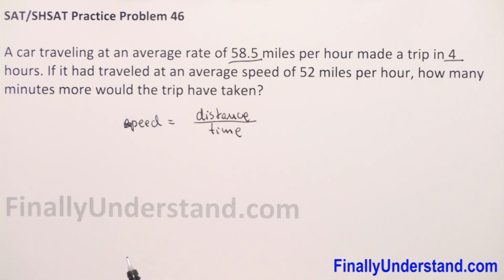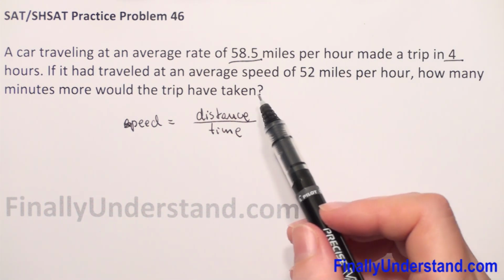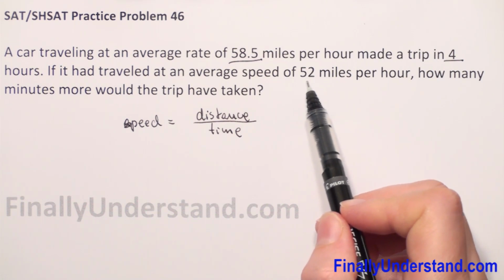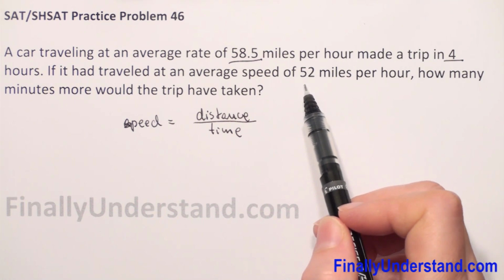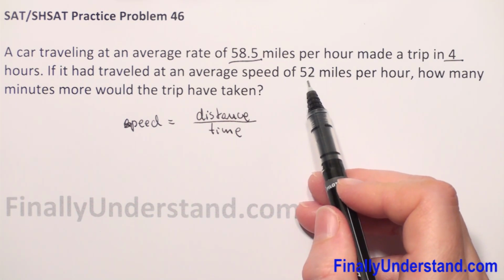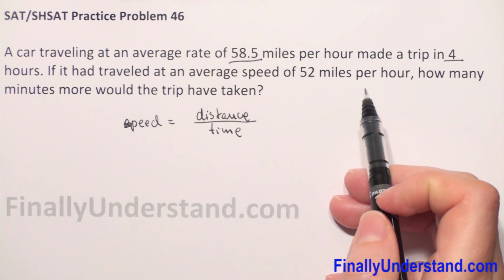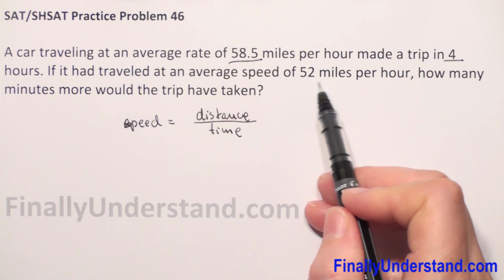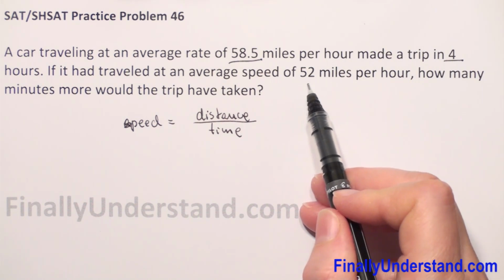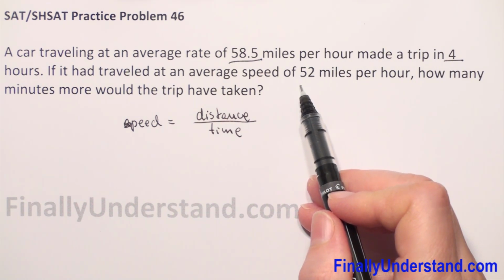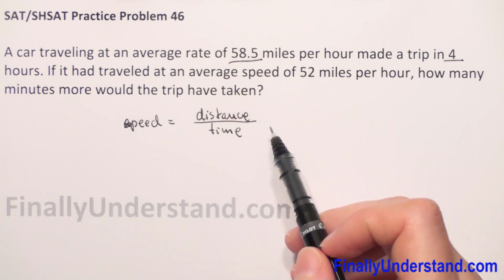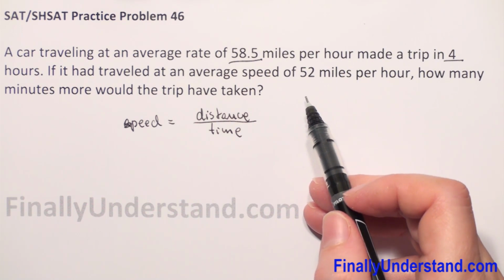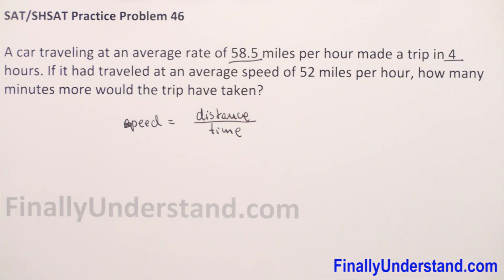And when we have the distance, we will calculate the time when the car travels at 52 miles per hour. Then we will find the difference between these two. So now let's first calculate the distance.